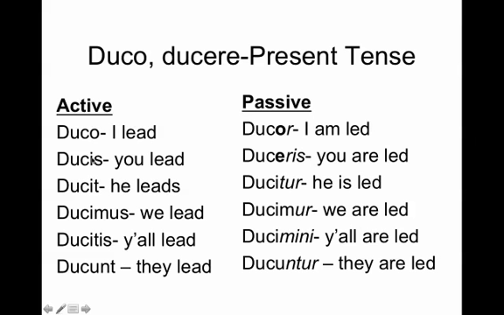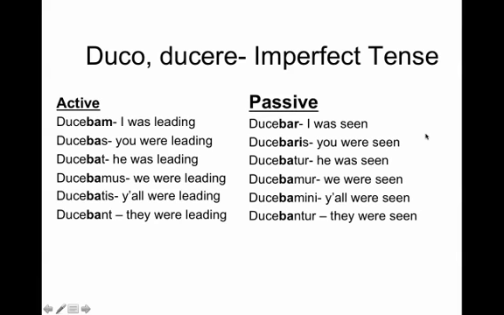The other place where there is a slight exception is again in the second person. The -is in the present of duco, so ducis, becomes again duceris. That -is becomes -eris for the present passive of duco. Everything else stays exactly the same.